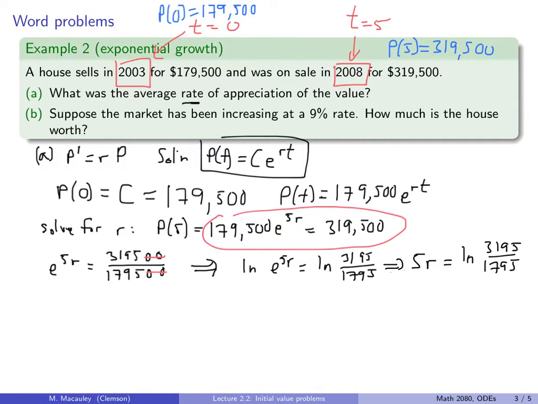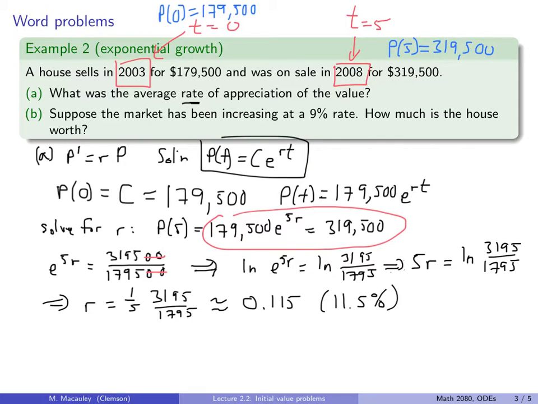Now we can easily solve for r, and we get r equals 1/5 times the natural log of 3195 over 1795. If you plug this into a computer, you get approximately 0.115. So our rate was an 11.5% rate.